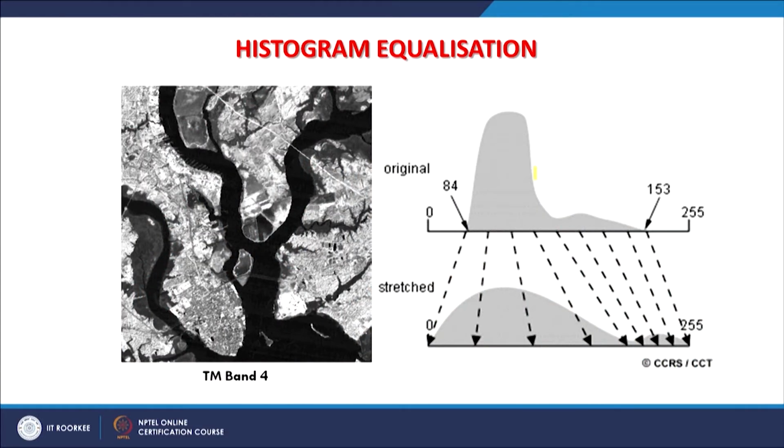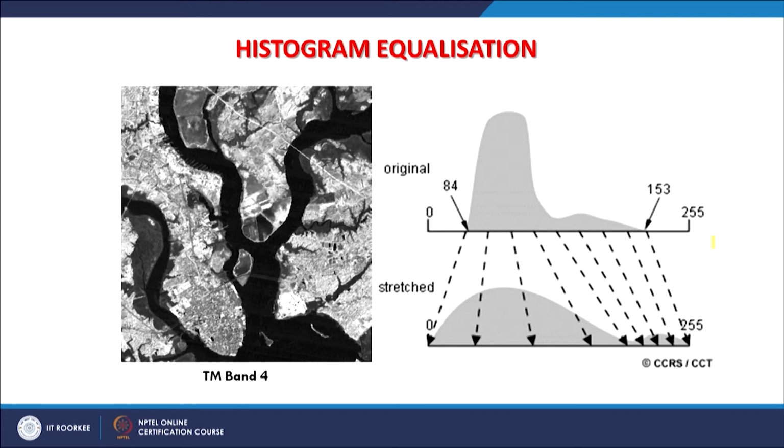We will see an example here: this is Landsat TM band 4, and it has been histogram equalized, and you can compare the two histograms. The top one is the original and the bottom one is the histogram equalized.